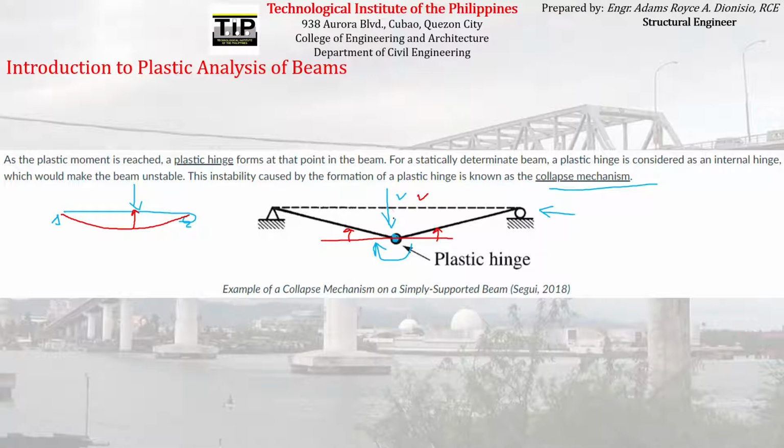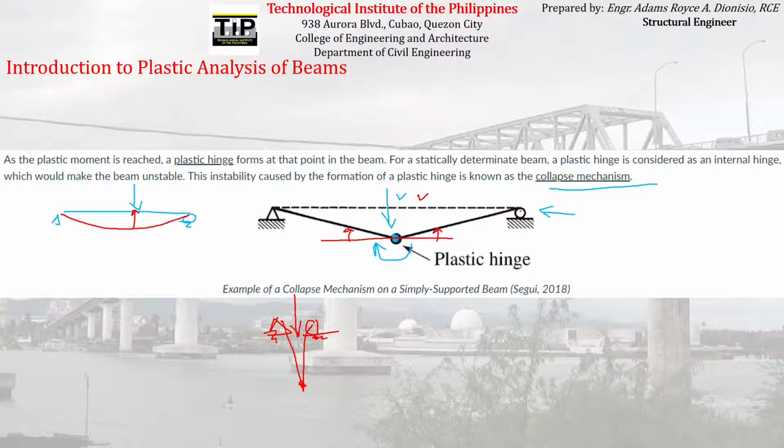Actually kung masyado pang malaki yung applied load na yan, ang ultimate na itsura ng beam na yan na pinapakita natin parang ganito na, halos magdidikit na yung hinge tsaka roller. Halos magdidikit na yan ultimately kung sobrang laki nung in-apply mo na load dito.